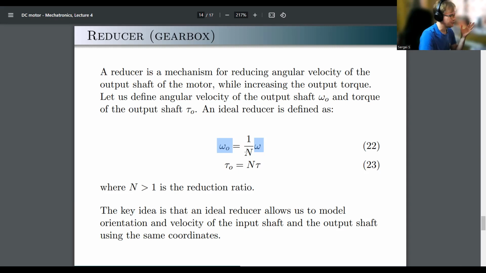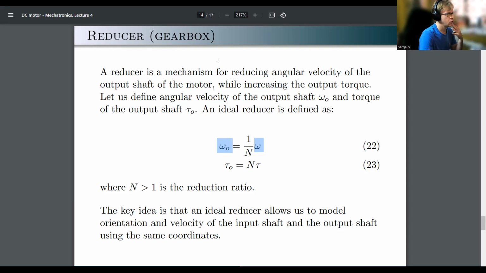Just for your information, we often think of an axis as something that doesn't rotate, something rotates on the axis, and a gearbox shaft is something that rotates itself. So those two are different things, right?